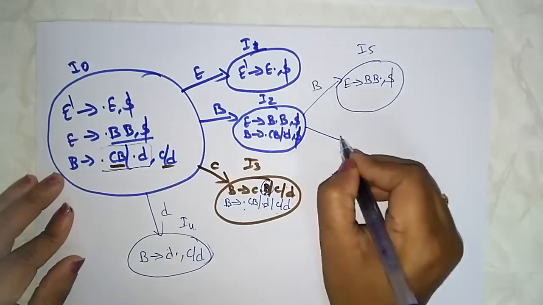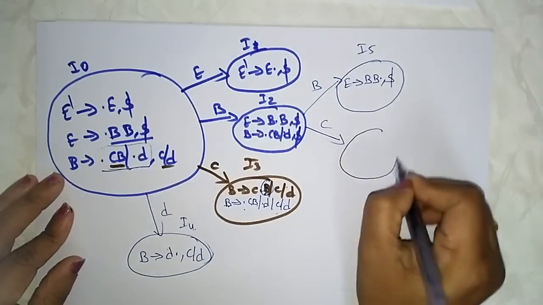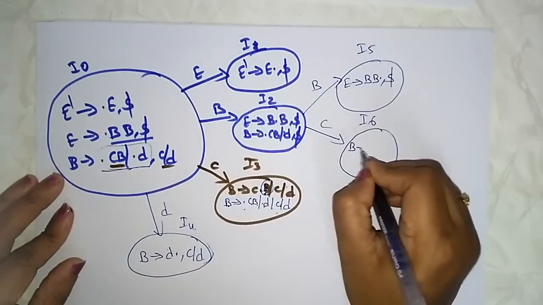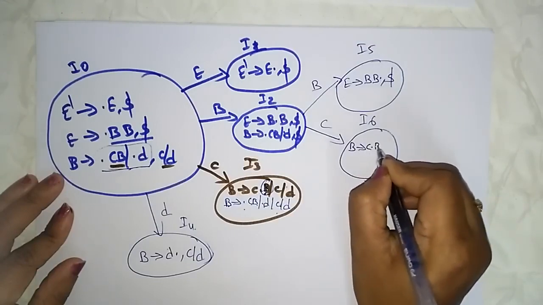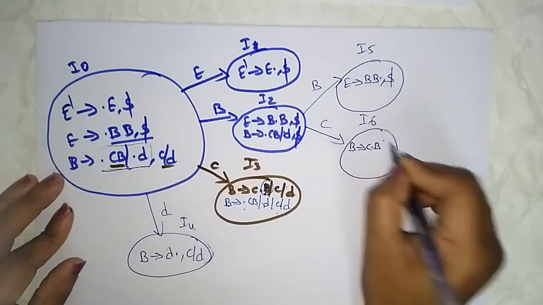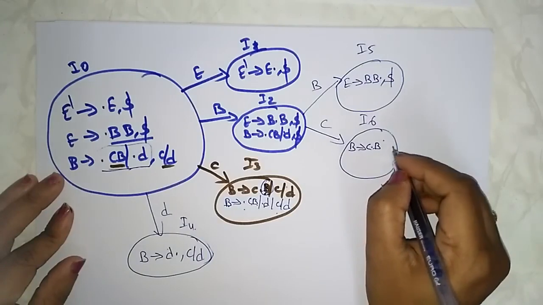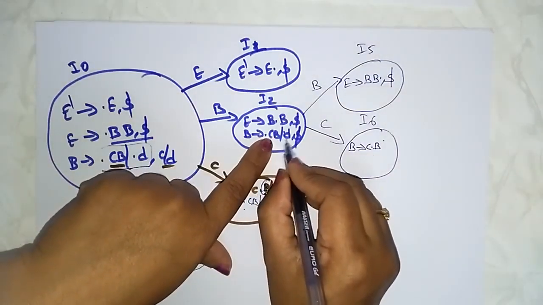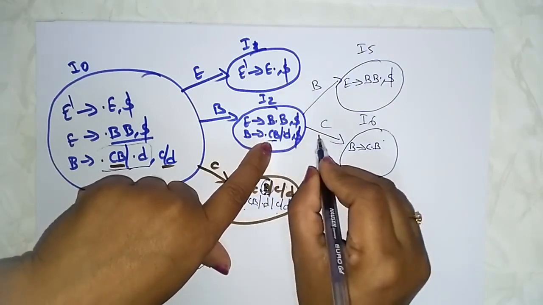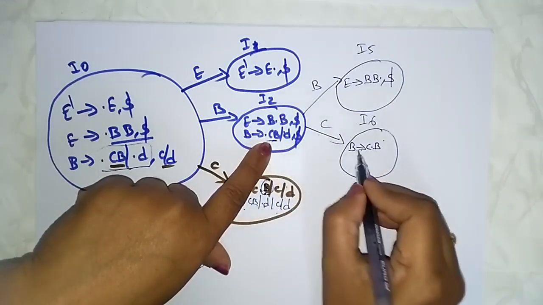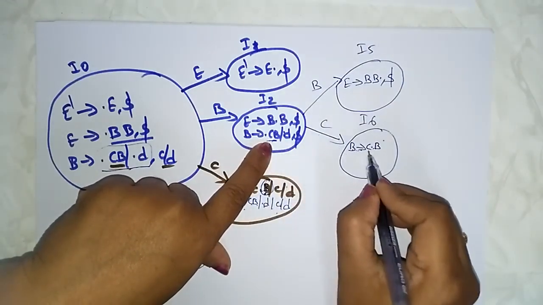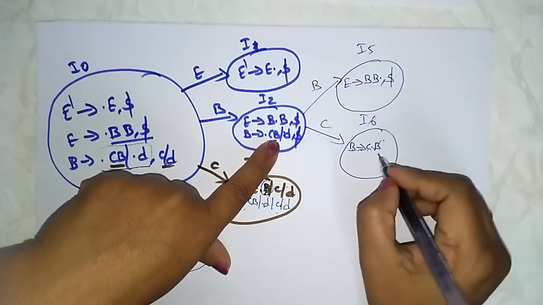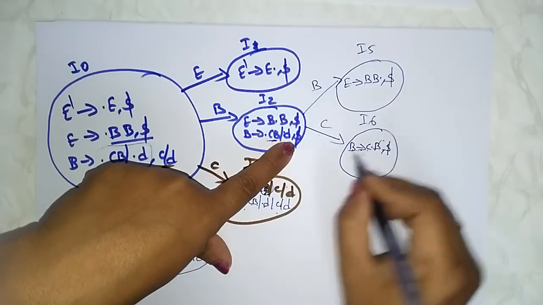Now let's take C. This is I6. So on C, B determines C dot B. Only on C I am taking, not considering the D. B determines C dot B, and you need to write the dollar here as the lookahead.